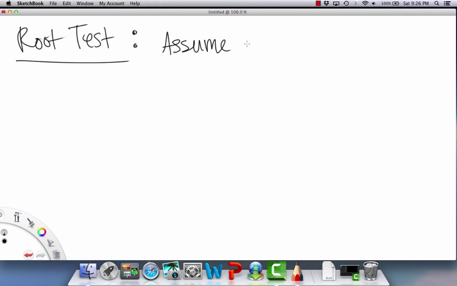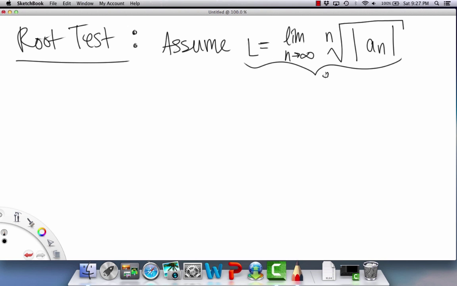Assume that L, big L again, denotes the limit as n goes to infinity of the nth root of the absolute value of a sequence. So assume this exists. Okay, so that's our only assumption.